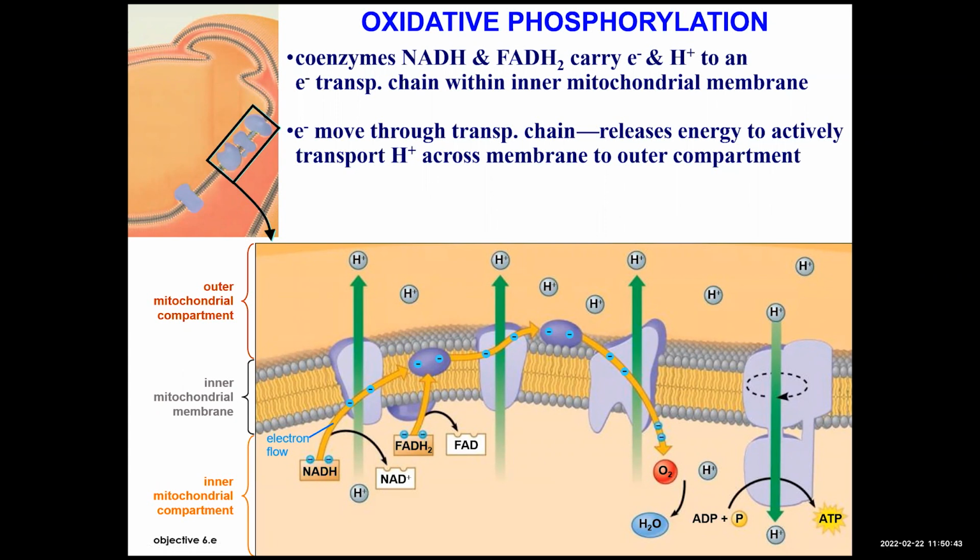The goal of this process is to set up a hydrogen ion gradient that is high outside and low inside. So the whole purpose is to set up this gradient.